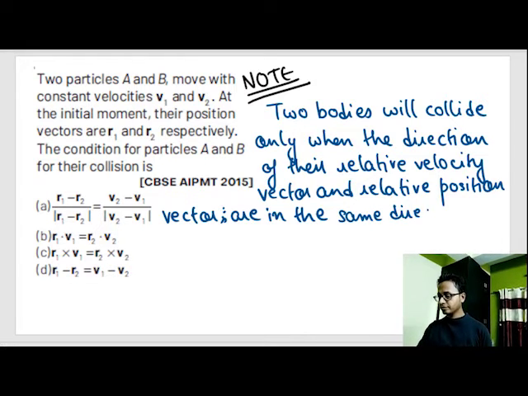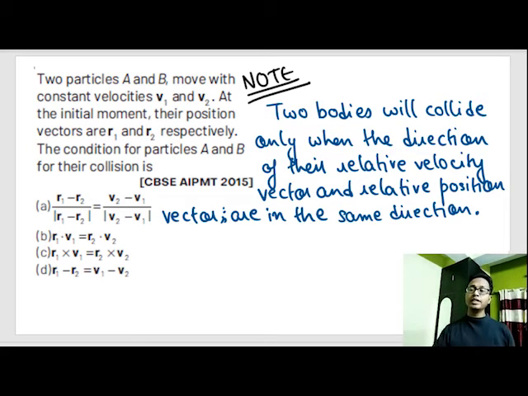That means the unit vector of the relative velocity vector and the unit vector of the relative position vector will be the same.